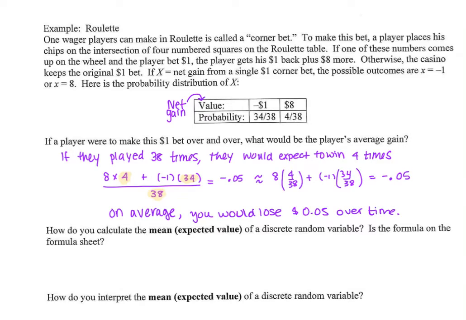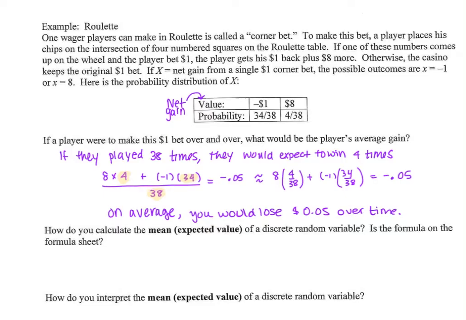It's not like the average is negative 5 cents each time, but in the long run, you would lose 5 cents over time. And you can't always get the exact value that is the mean, but that's what you would expect to happen. So another word for mean then is the expected value. It's what do you expect to happen?